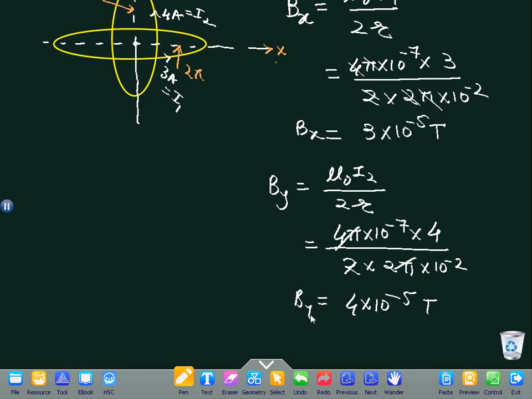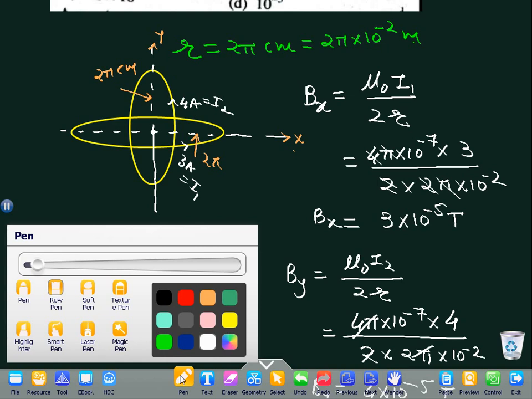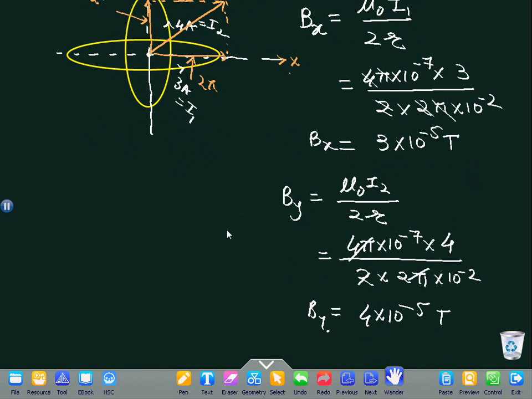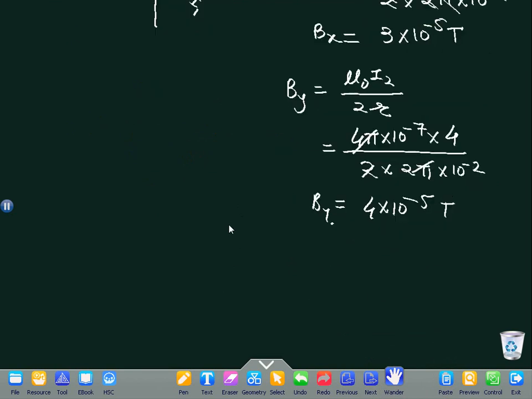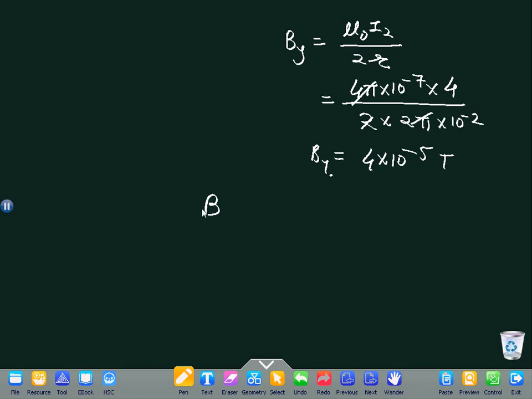This is By. But you can see that the magnetic fields of these two coils are perpendicular to each other, and so the resultant we can determine by using the parallelogram method. So the resultant you can get in this direction. So to determine the resultant value of these two concentric perpendicular coils, we have to use B is equal to square root of Bx square plus By square.